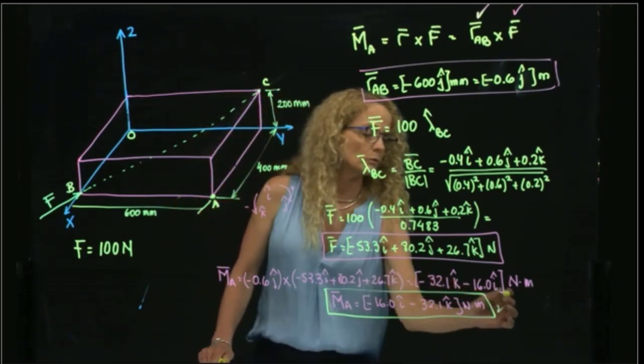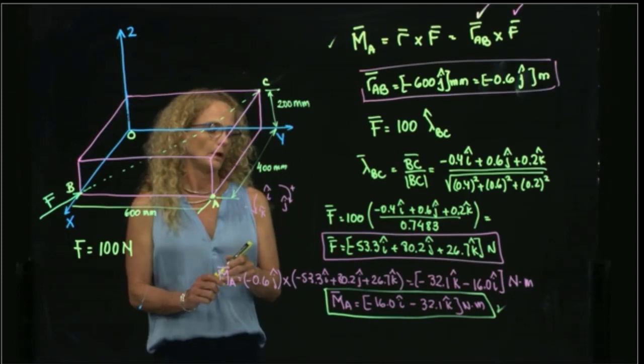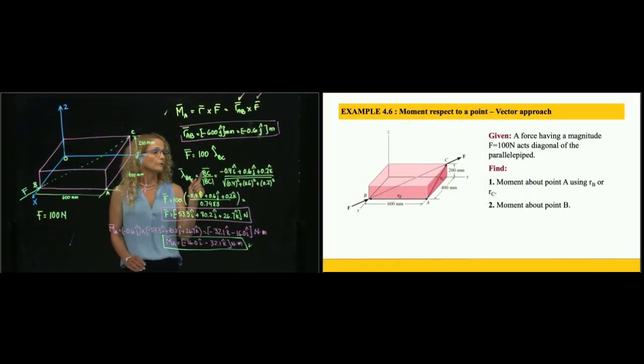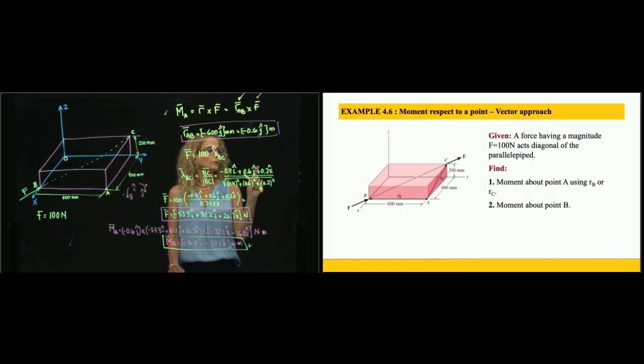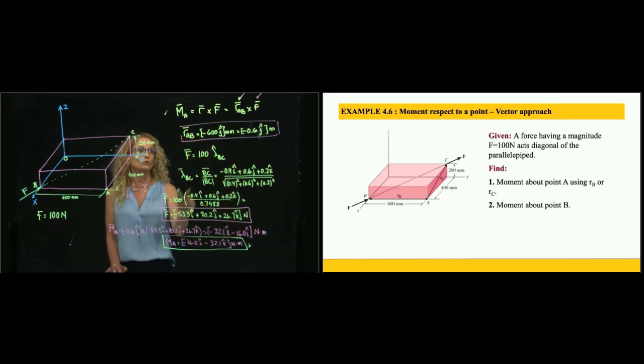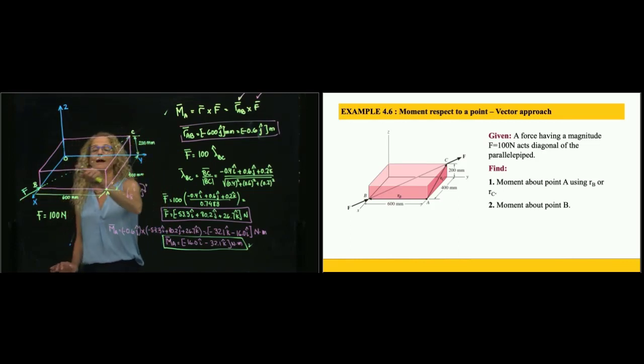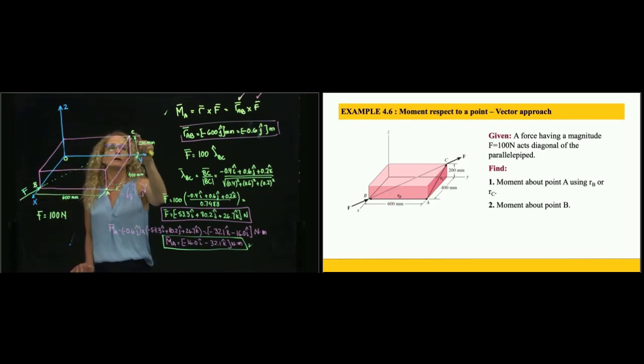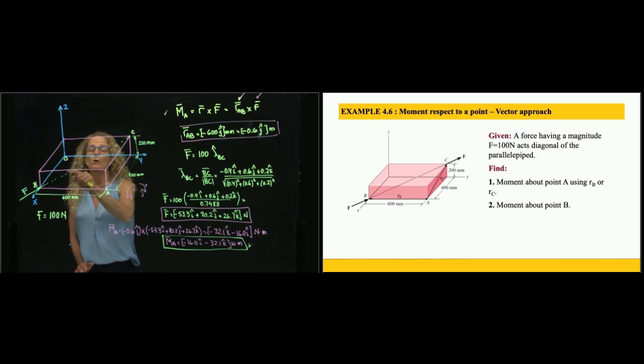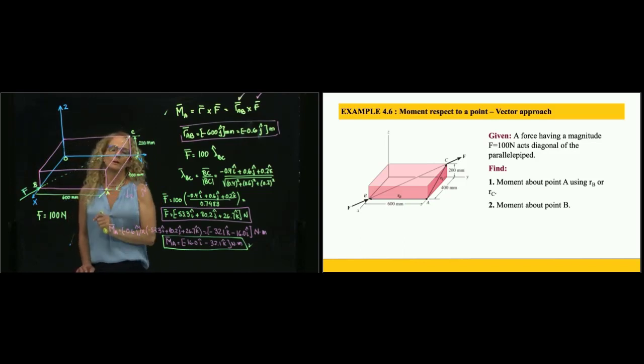So we were able to calculate the moment with respect to A. As you see in the slides, we could calculate the moment using point B or using point C, since F is a sliding vector, so I could use any point of the line of action of this vector to calculate my moment.